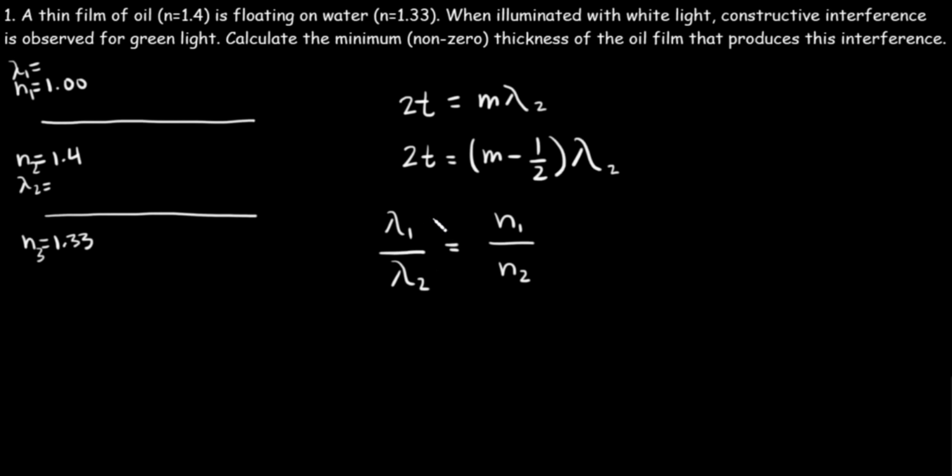Usually the question gives it to you, and right now the question is giving it to you in a kind of weird way, because it's telling you that the light you're observing is green light, and that has a specific range of wavelengths, so you can just pick any wavelength you want. If I'm looking at my chart, green is from 520 to 565 nanometers, so you can choose any wavelength in between those ranges. So let's just go with 530.